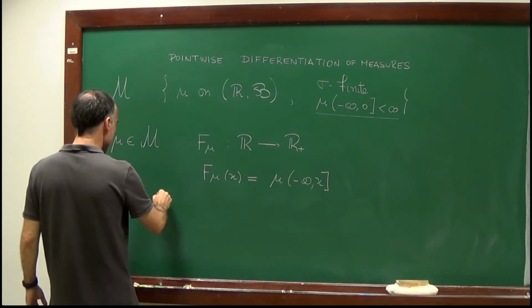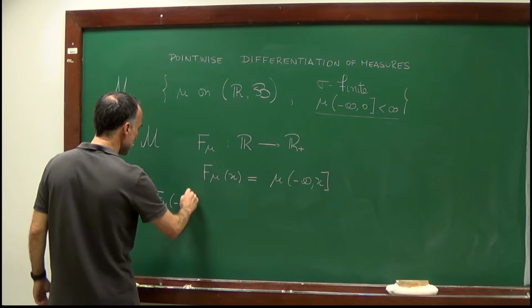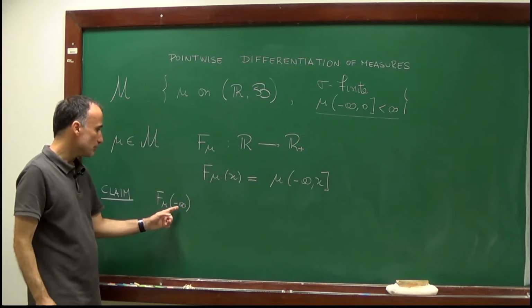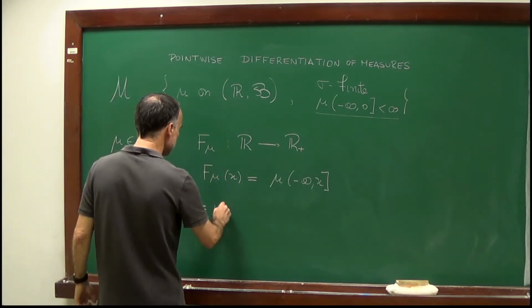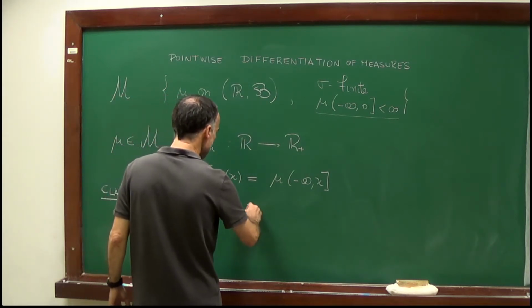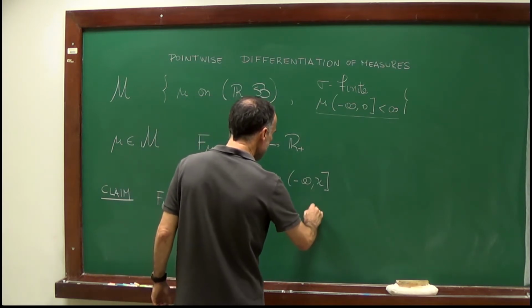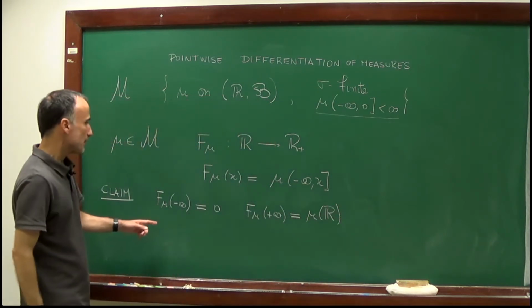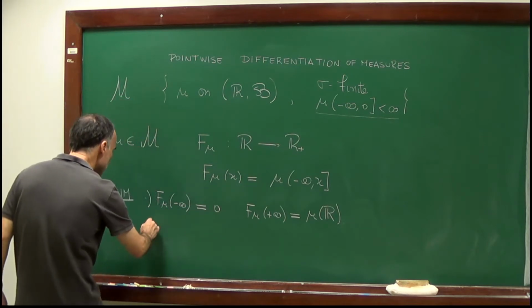And I claim that f_mu at minus infinity, and by that I represent the limit as x tends to minus infinity of f_mu of x, is equal to 0, and that f_mu of plus infinity is equal to mu of R. So you see, f at minus infinity will be 0.